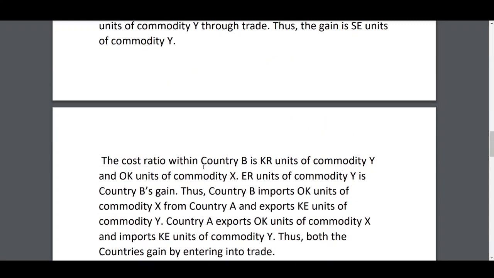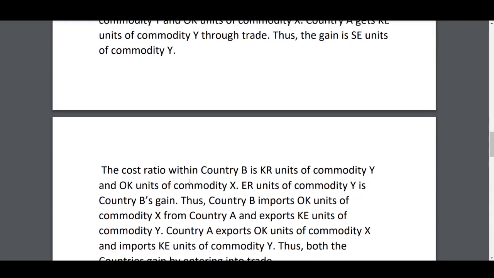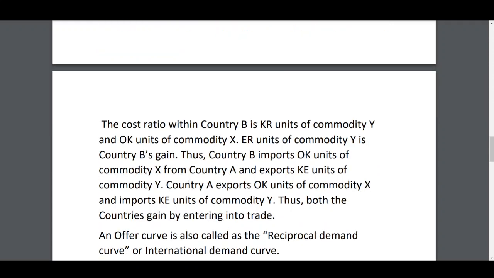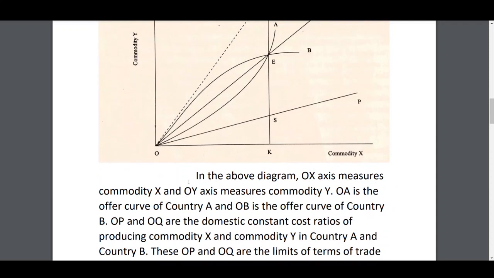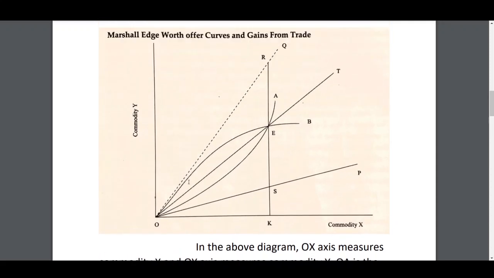So, country B's gain is what? ER units of commodity Y. That is country B's gain.